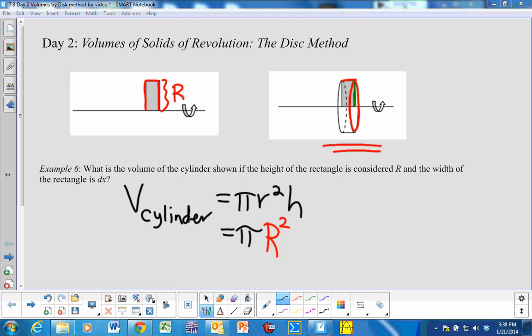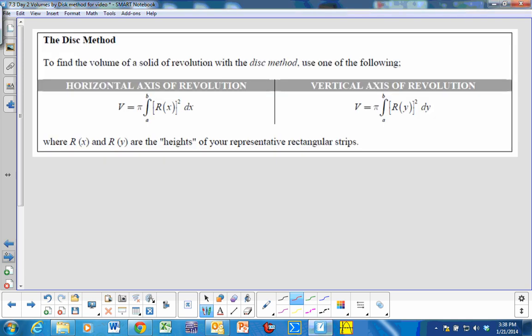And then the height of your cylinder is this distance going this direction, which is, of course, our delta x or dx, whichever way you want to look at it. So this would be dx. That's the volume of that little cylinder. That's the heart of the disk method.